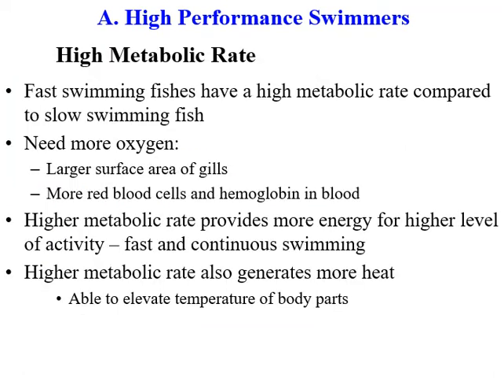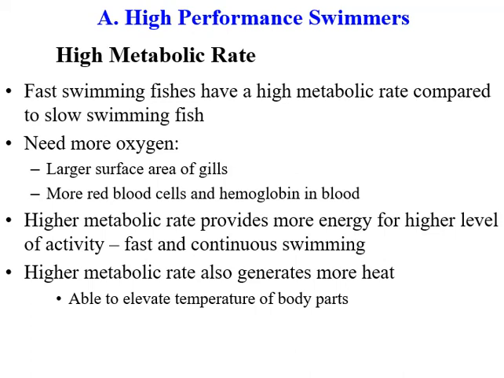So what do these high-performance swimmers have in common? Well, for mammals, they're warm-blooded. Their body temperature is maintained at a constant level, which requires a lot of energy, a high metabolic rate. For these other fast-swimming, high-performance swimming nekton that aren't warm-blooded, some of them are regional endotherms.